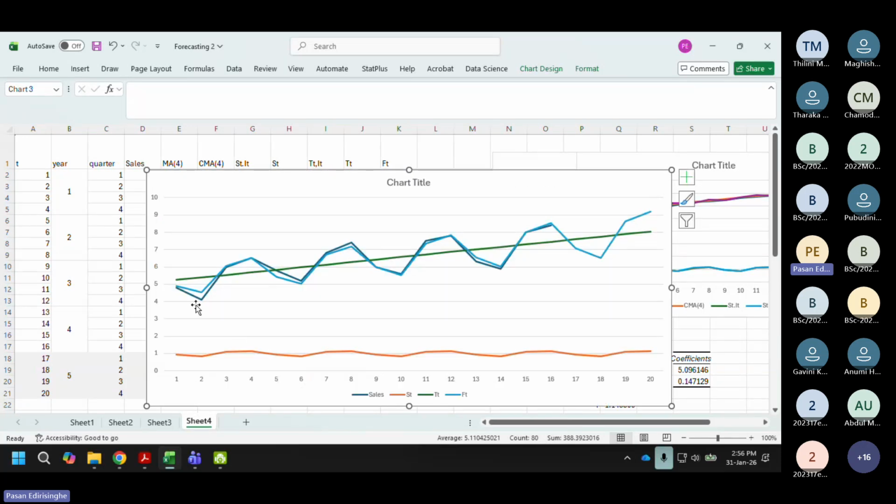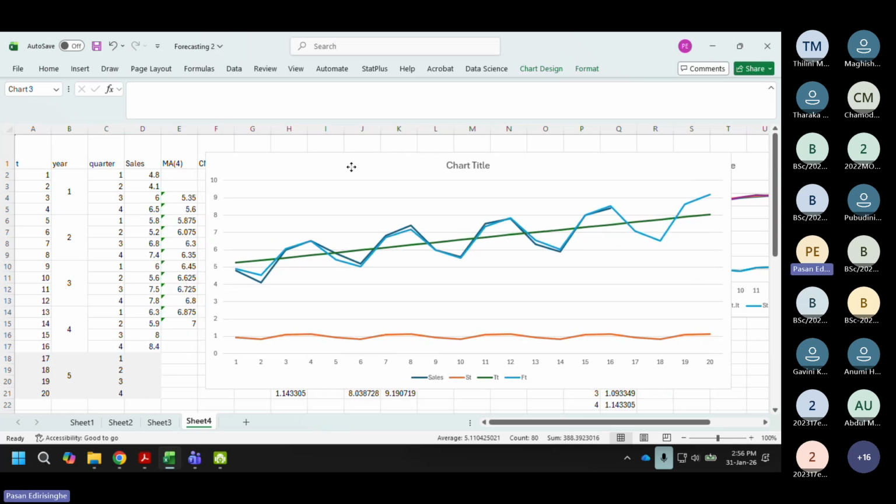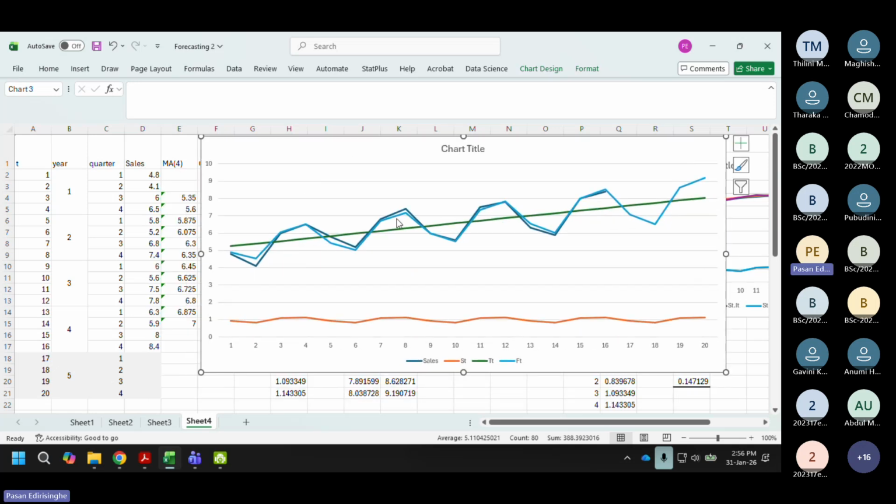So here you can see that the blue color one is the actual sales values, and then the light blue color is the forecasted values. So you can notice that they are very close to each other, right? So this has captured the deviations much better. So you can notice how well they're capturing, right?